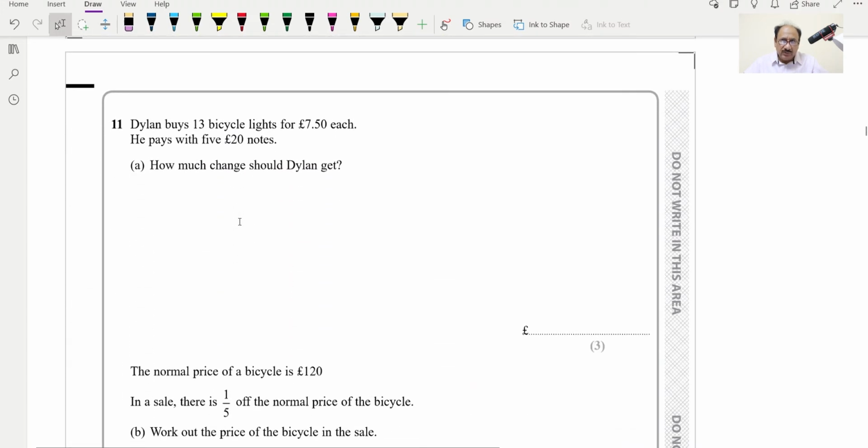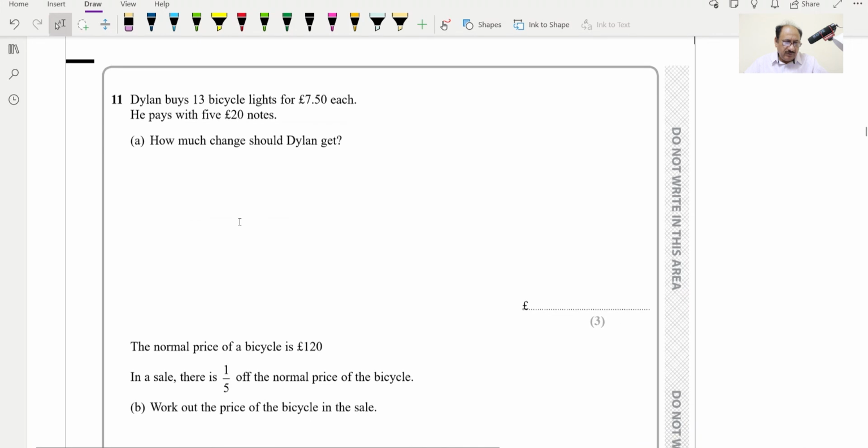Now question number 11. Dylan buys 13 bicycle lights for 7.50 each. He pays with 5 pound 20 notes. How much change should Dylan get?